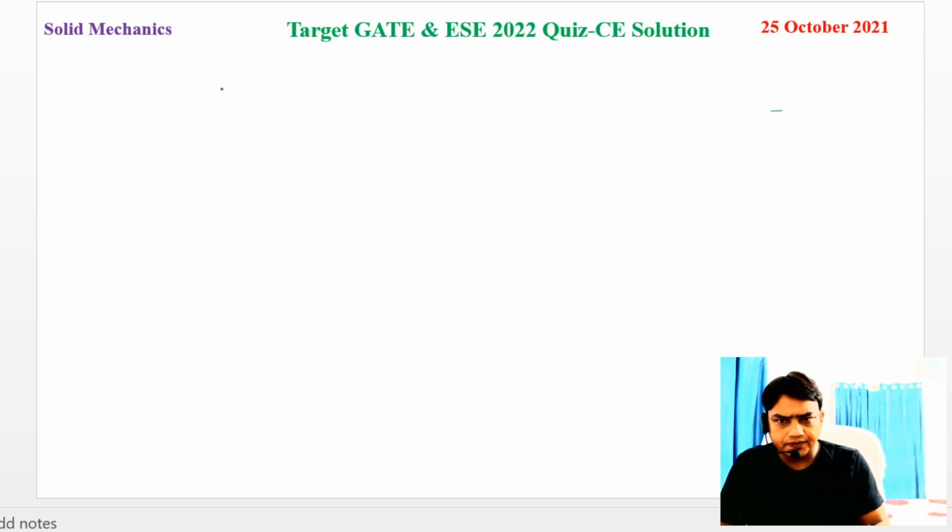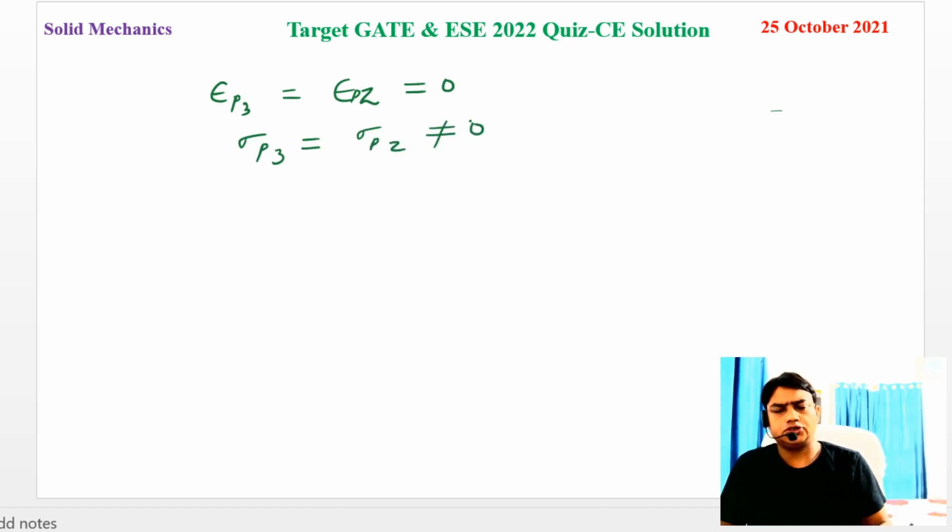So we can write strain in z direction is equal to 0, but sigma z is not equal to 0.